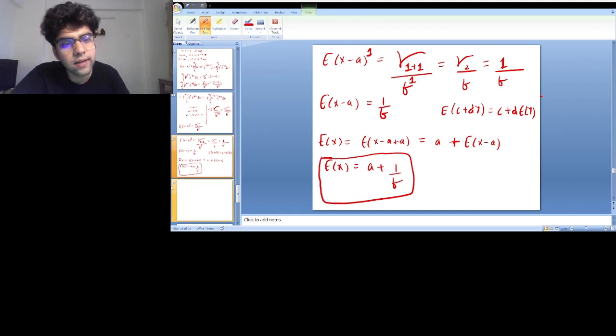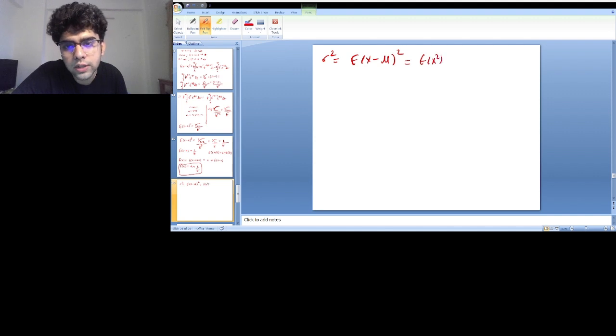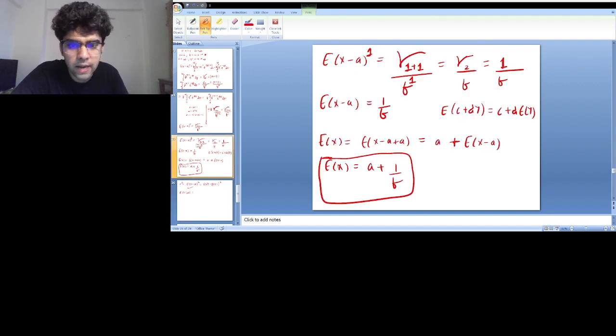Now, to find the standard deviation, we need to find the variance. The value of my variance sigma square is E((X minus mu) whole square), where mu is my mean, which is also equal to E(X square) minus (E(X)) whole square. But I am going to use this definition. So E((X minus mu) whole square), and my expected value is a plus 1 upon b.